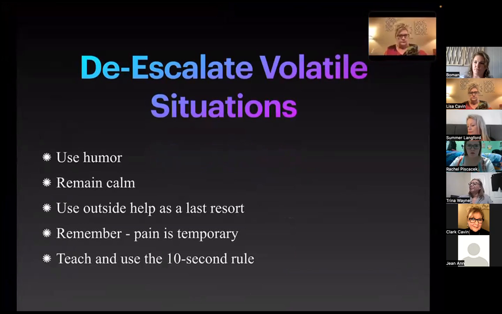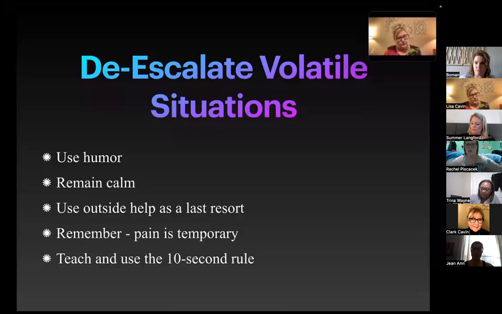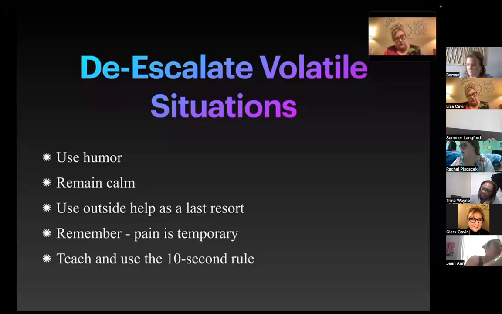So we got down to the point where we're talking about volatile situations, and when you're dealing with kids with emotional and behavioral problems, then you're going to run into these types of situations. You've probably either had or will have, or at least heard of things like CPI, crisis prevention and intervention.